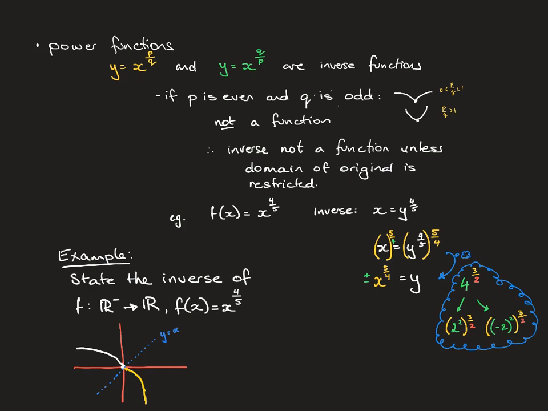So the function is going to be f minus 1, and its domain is positive reals, mapping to reals, and its formula is the reciprocal of the fraction that we had, 5 over 4.